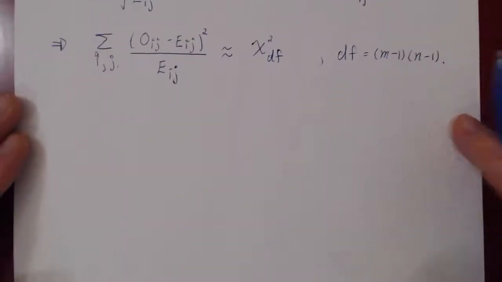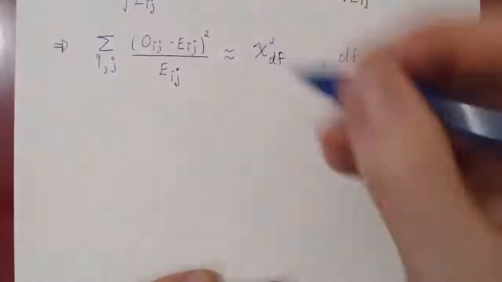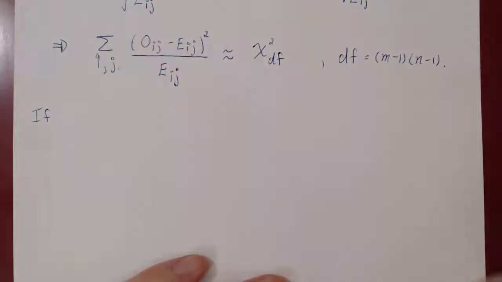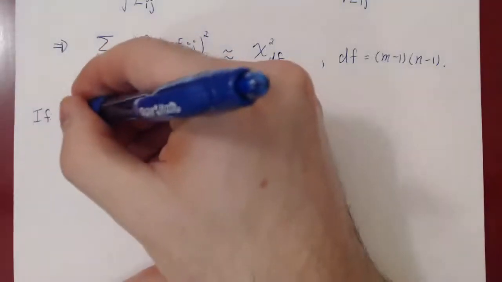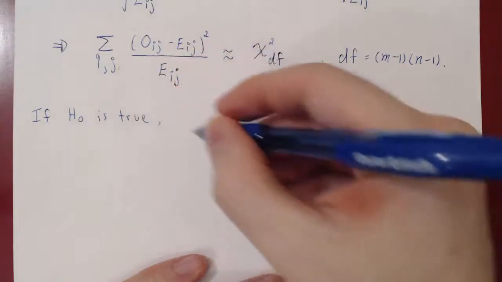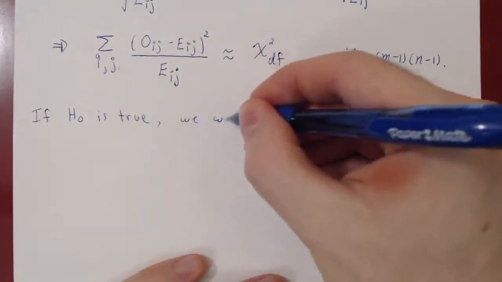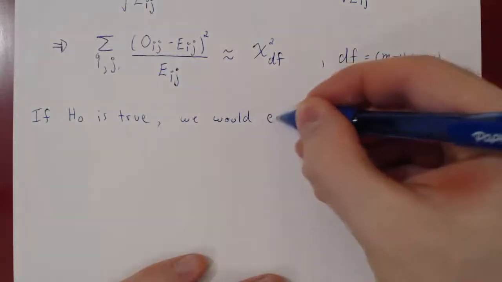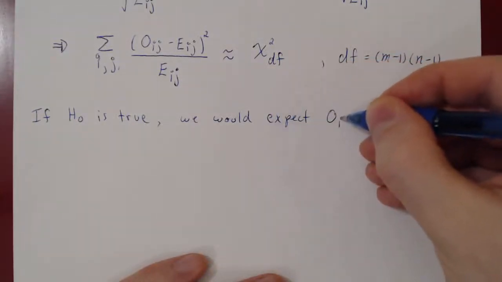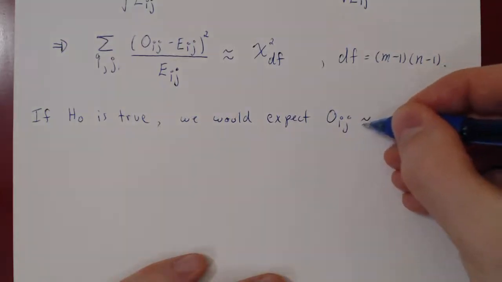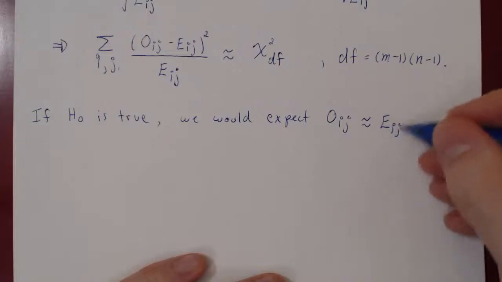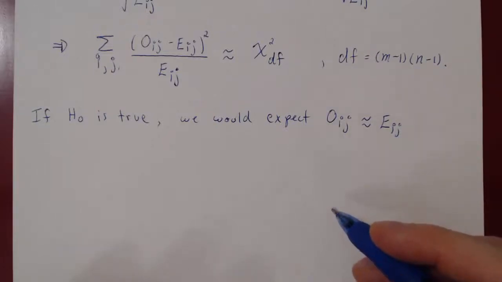So let's write this down. If H0 is true, because H0 is the assumption of independence, we would expect our observed value for each cell to be really close to the predicted value under H0. But now think of it.